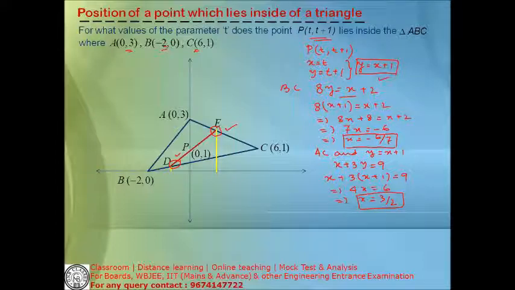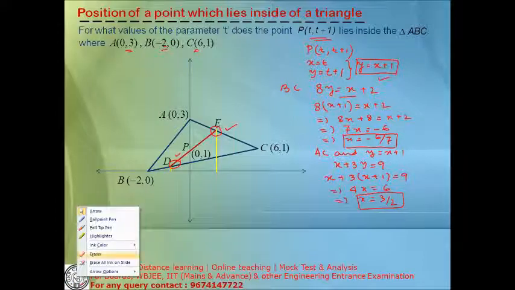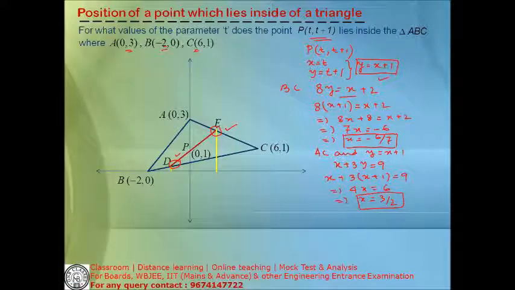It is clear from the diagram that the abscissa t will always lie between the abscissa of the point D and E. So directly from here we can write that t is lying between minus 6 by 7, because it is more than this abscissa, and less than 3 by 2. Therefore, my required answer, which we also got by the previous method, is that t lies between minus 6 by 7 and 3 by 2. That will be your final answer.